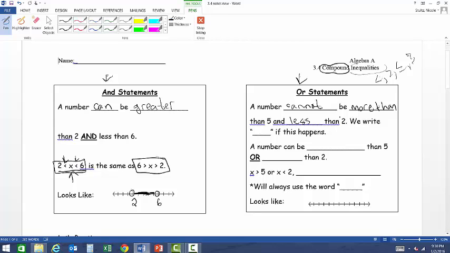So what we do is we write or. So if I change the word and to or, all of a sudden it makes sense. So we would say a number can be greater than 5 or less than 2. That makes sense. You can't be both, but you can be one or the other.